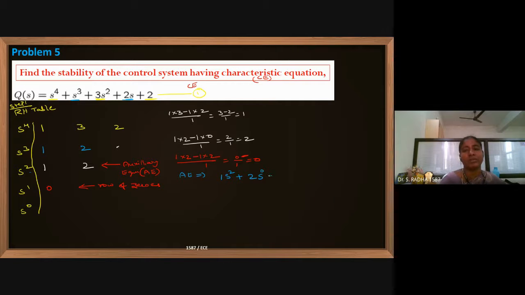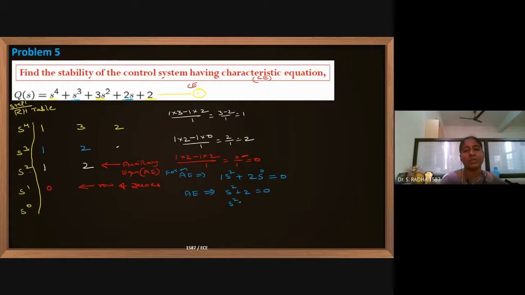The first element will have s power 2 and the next element will have s power 0. In the first two rows also, only alternate powers come from the given equation. So any row has alternate powers only. Now this is s square plus 2 equal to 0. This is our auxiliary equation.